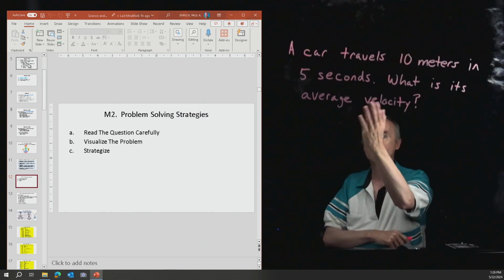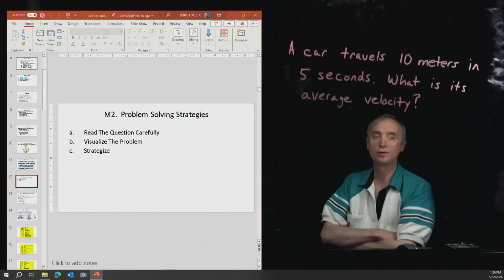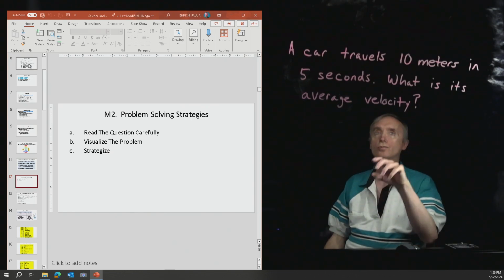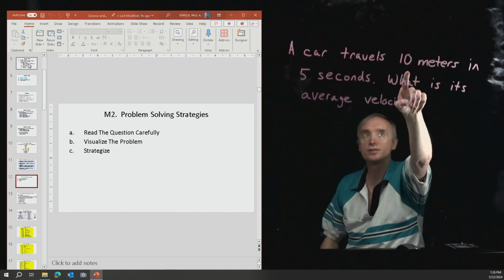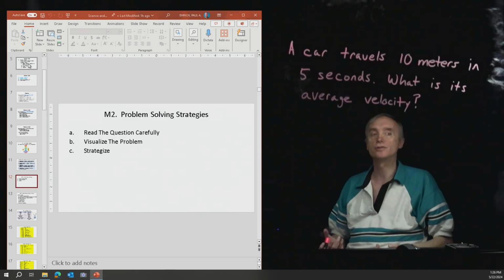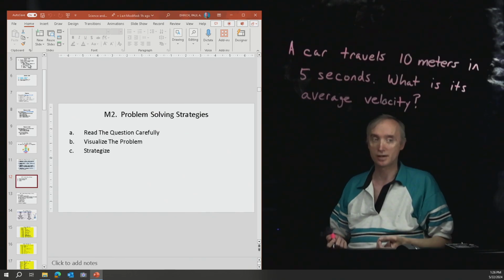So what I have written up here is a typical word problem that you might have in a physics class. It says that a car travels 10 meters in 5 seconds. What is its average velocity? So read the question carefully because, for example, in this one it says 10 meters, but maybe it was in English units and maybe it traveled 10 feet in 5 seconds.